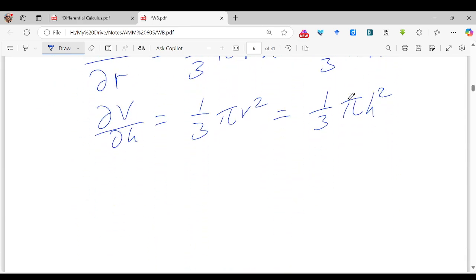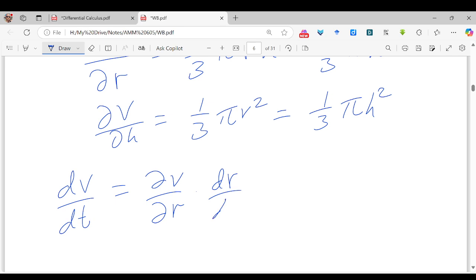So we can write in our expression where we had dV/dt is equal to the partial derivative of V with respect to r times dr/dt plus the partial derivative of V with respect to h times dh/dt.